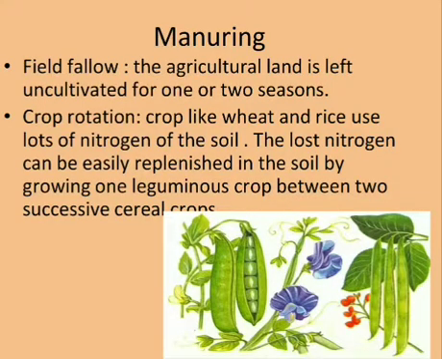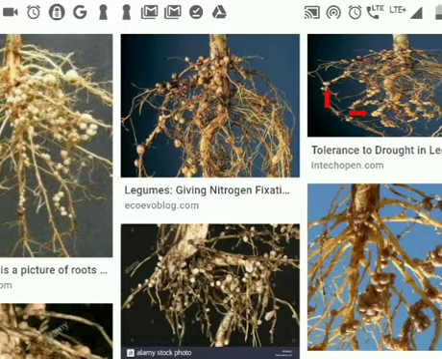The next method is crop rotation. Some crops like wheat and rice use lots of nitrogen from the soil. The lost nitrogen can be easily replenished in the soil by growing one leguminous crop between two successive cereal crops. These are leguminous plants. The role of the leguminous plant is increasing the nitrogen content of the soil.